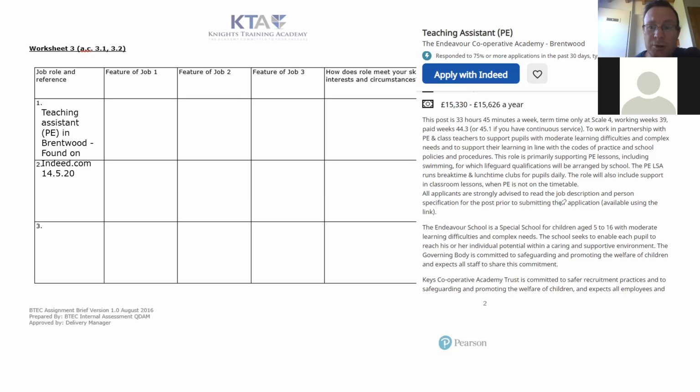Well, they use a specific link where you find more details about what's called a person specification. There's potentially more detail in there, but we can probably take enough information from here.